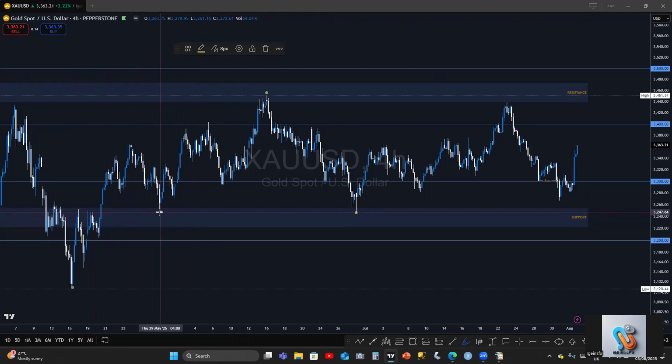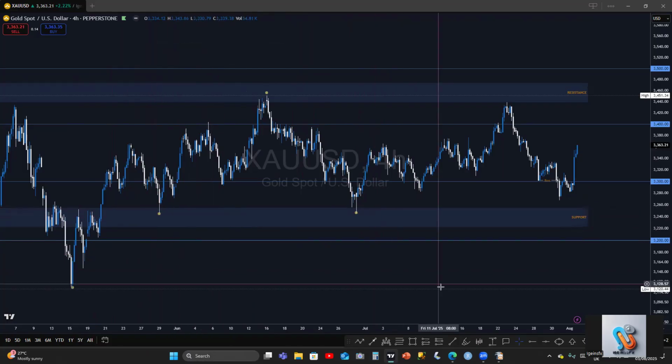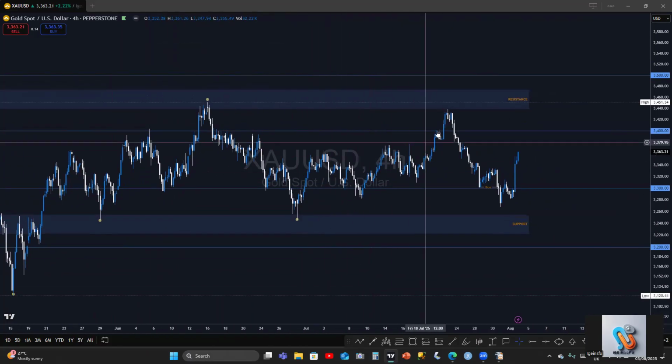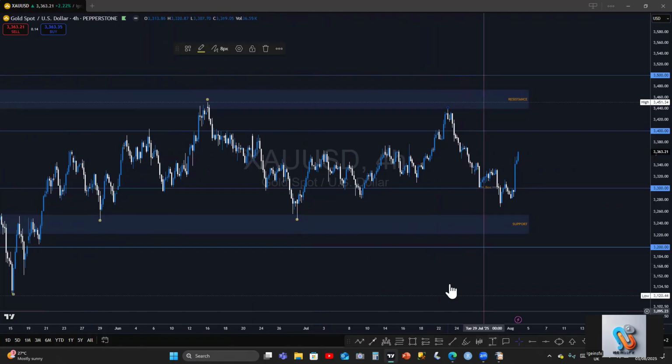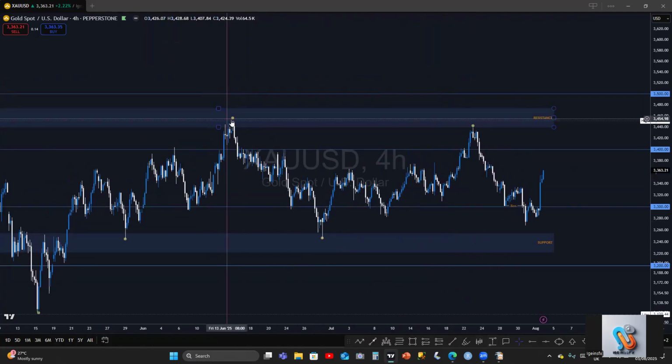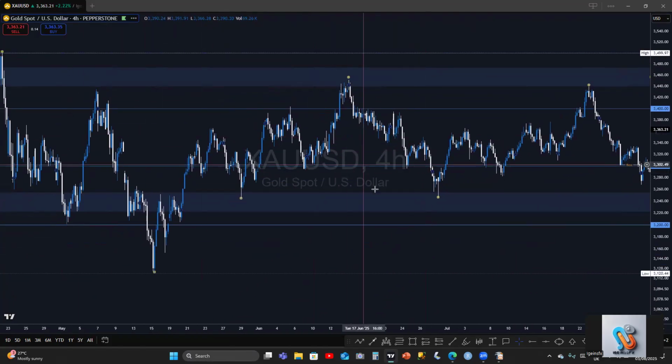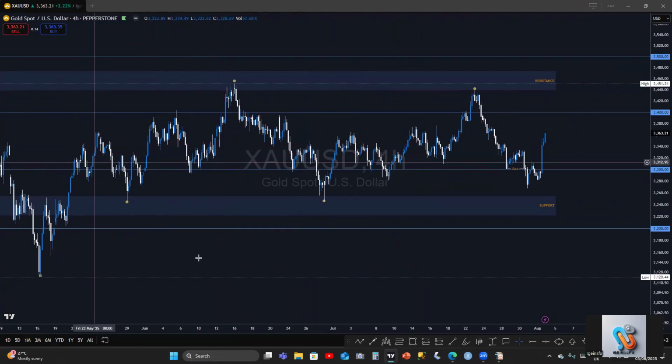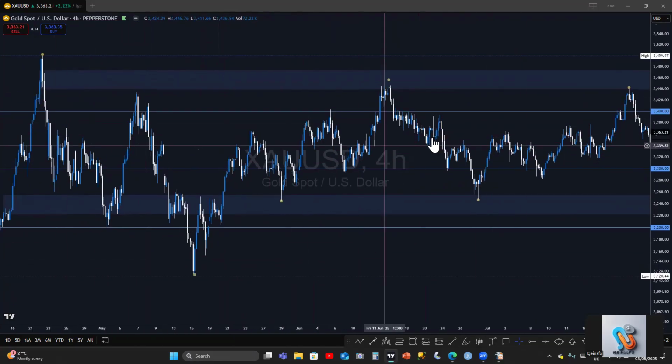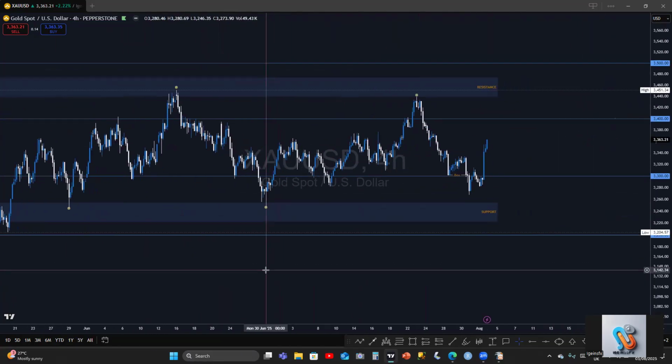We have one touch, we have another touch here. Then price pushed up again and created another lower high, at about the same level. So this is what we saw on the higher time frame, that price is just going sideways.